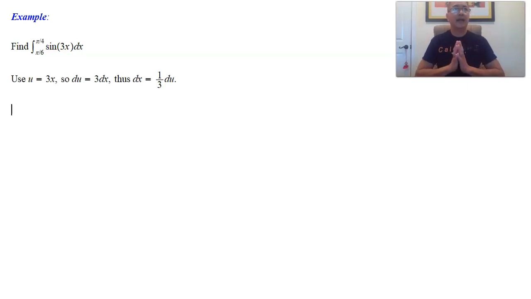Now you have two ways to do this. You can find an antiderivative for the function first and then plug in the endpoints, or you can also change the limits of your integral, change the endpoints, and then you don't have to go back to x.